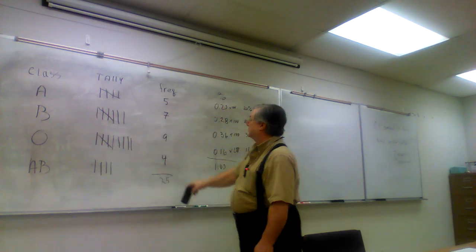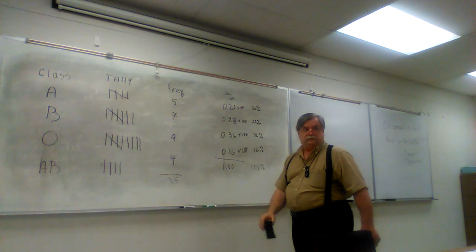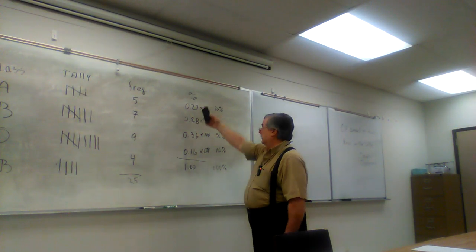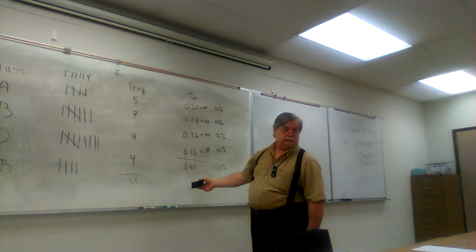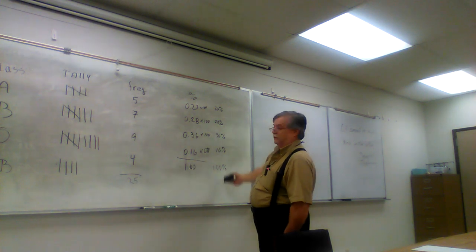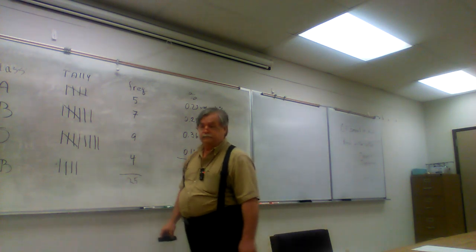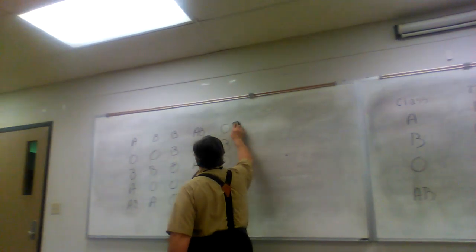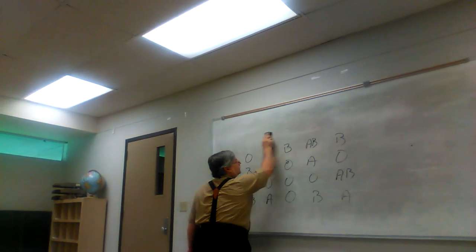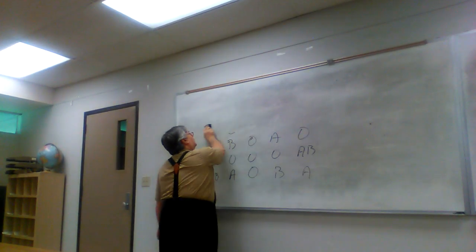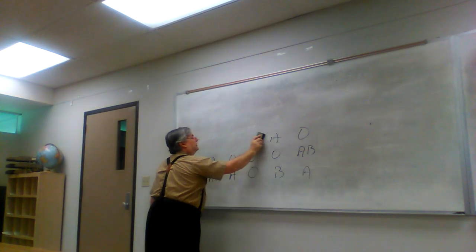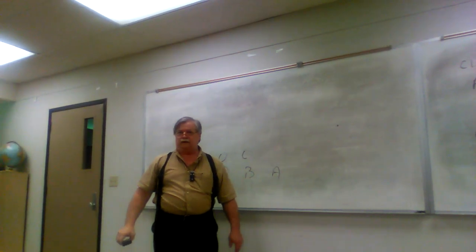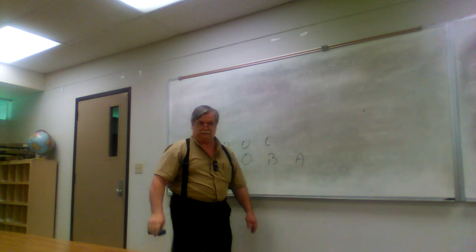Add up your tallies for your frequencies, and then if you need to, you find the percentages. Either the relative distribution, the relative frequencies, or the percentage frequencies. That's all you do. Every time, over and over again.